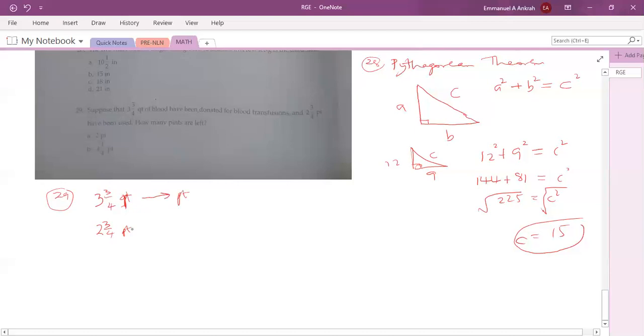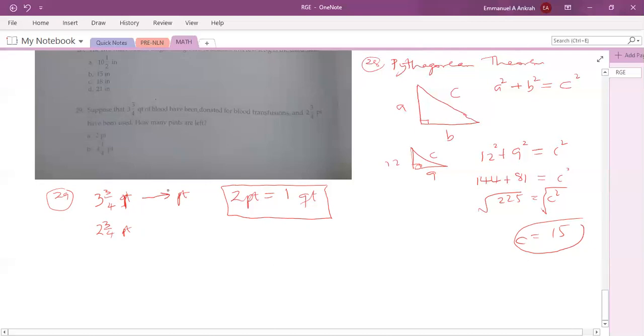You have to remember the conversion: 2 pints is 1 quart.